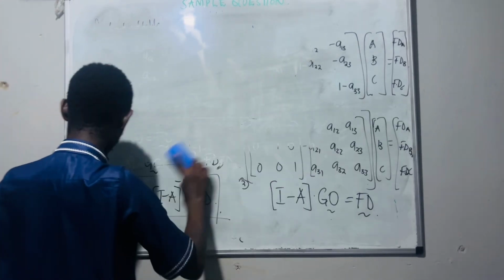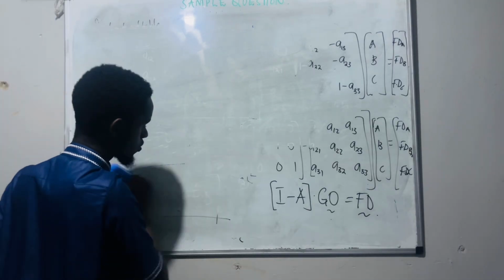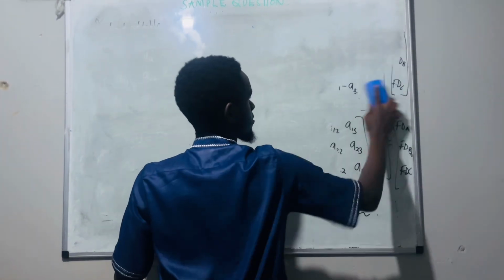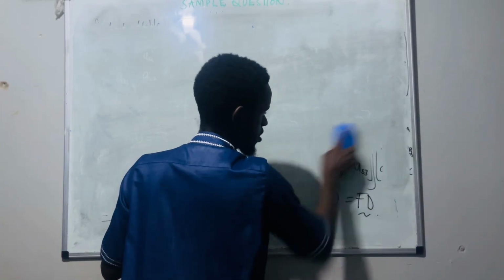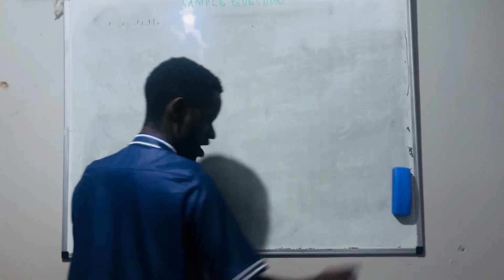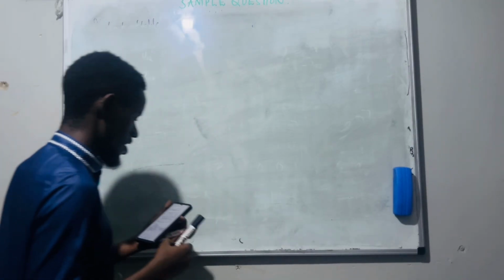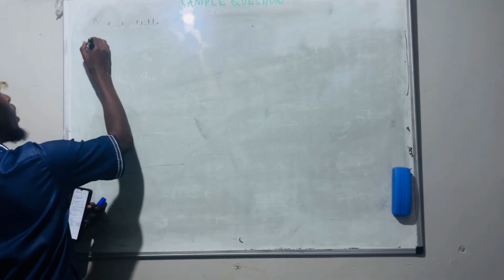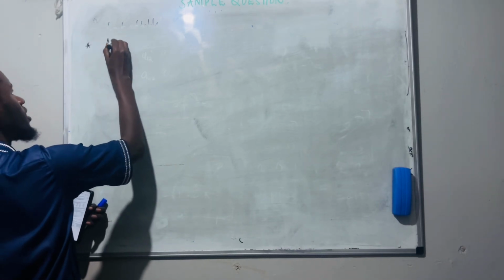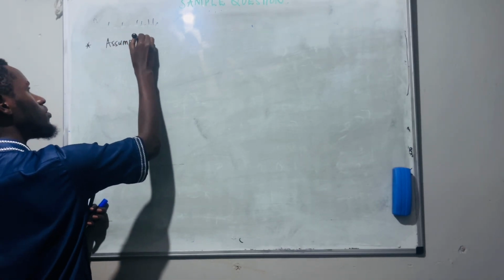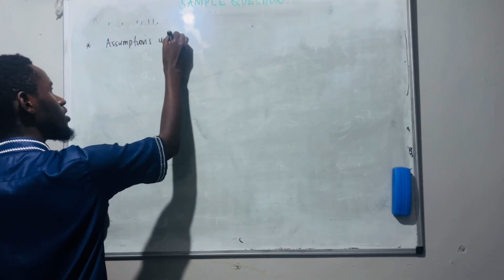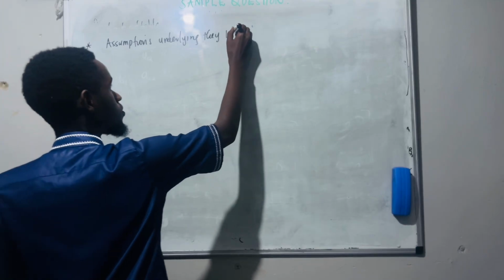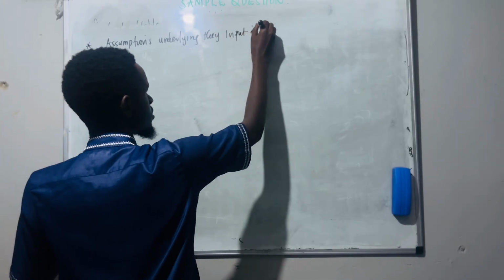Let us go back to our question. Our question in part A was saying, identify and state the key underlying assumptions of the input-output table. Now, for the assumptions underlying the input-output system, input-output analysis.